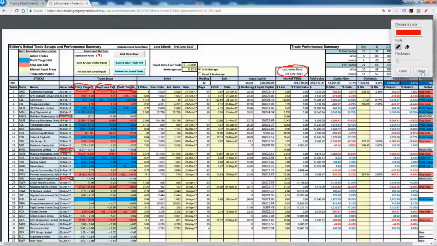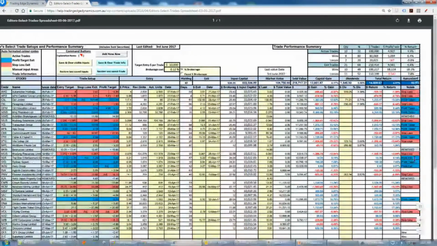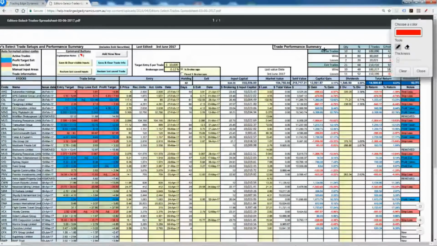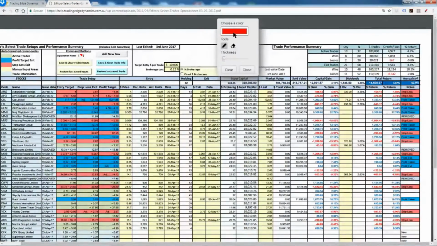Let me just close this because I want to show you the actual returns on this side here. Despite the number of reds and blues you see, the actual returns much favor the blues and the wins. Right now we have a total of 10 active trades, and we reduced the number of active trades during the month of May.